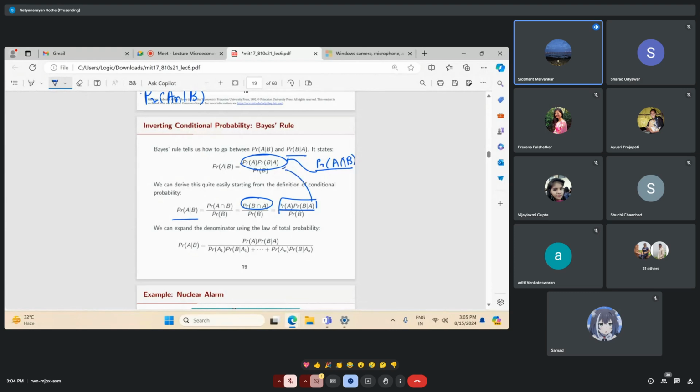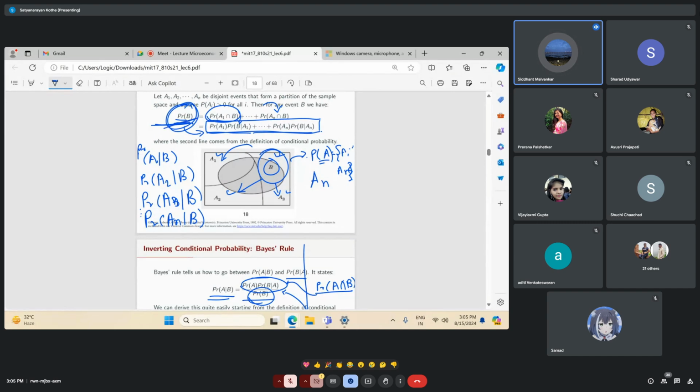So here it is written like this because of this relation. Because we know that this is the same as this and this is defined as this, and so we have defined conditional probability as this. So we can expand this denominator using the law of total probability, which we have already computed. The probability of B we have already computed, correct?